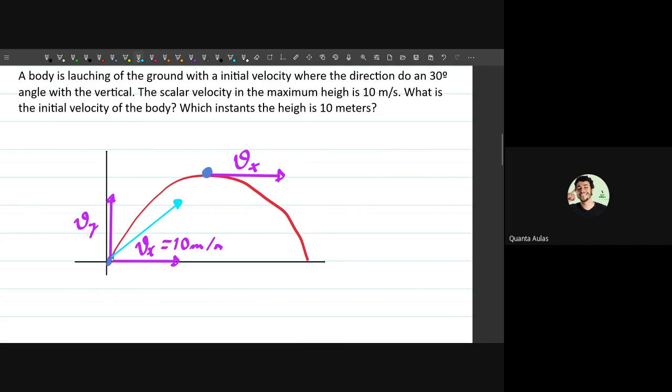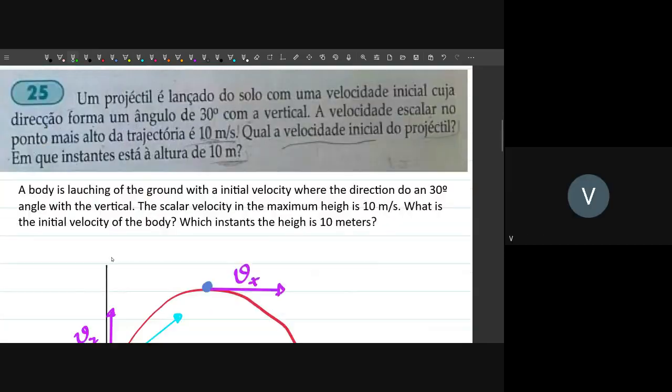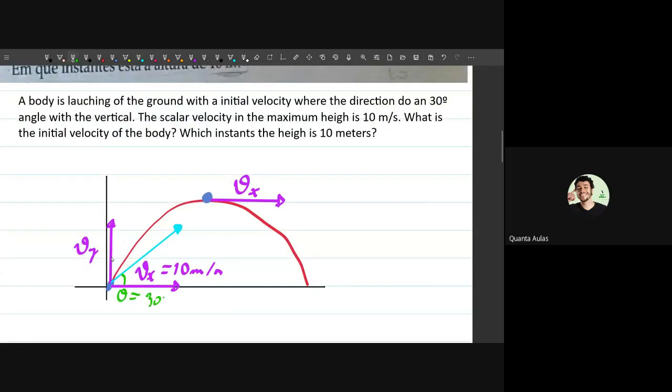But again, you have a triangle, you need to use the trigonometric relations, because we want this angle here, theta equals 30. So what triangle can we use here? Tangent again. You close the triangle.